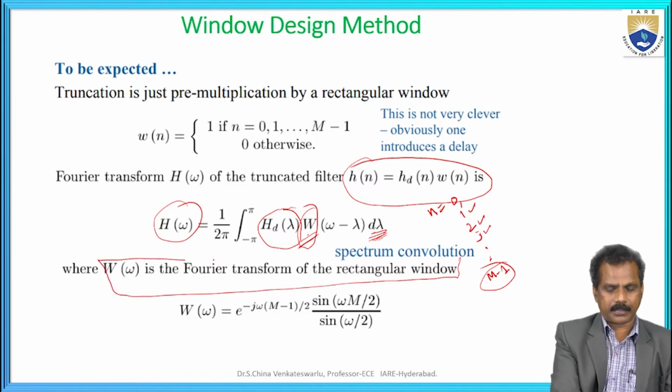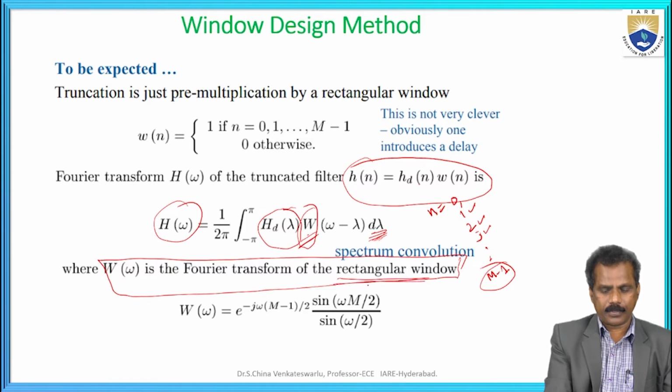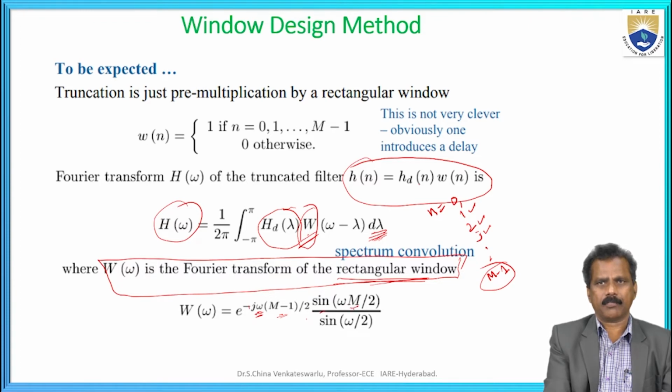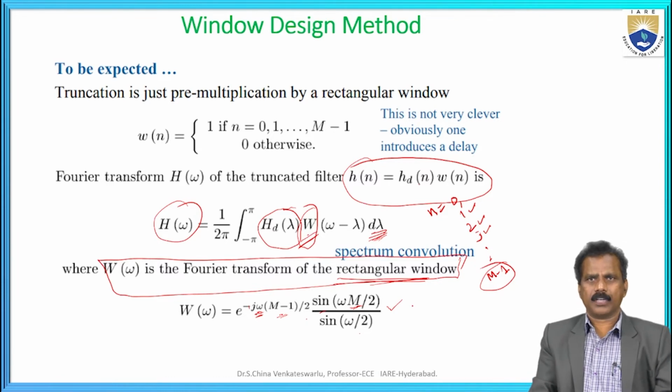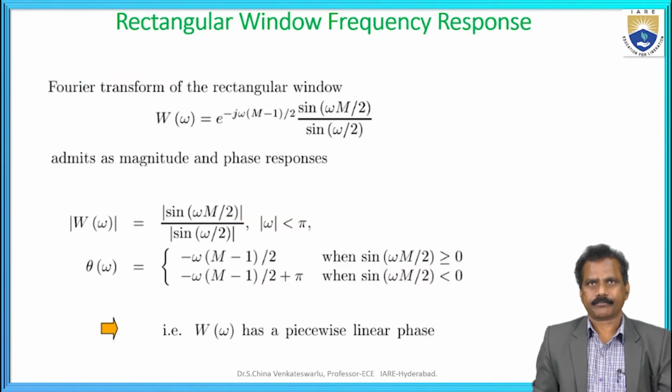It is a rectangular window. Now the window is defined as W of omega equal to e power minus j omega times (M minus 1) by 2, times sin of omega M by 2 over sin of omega by 2. Like this, the Fourier transform of the rectangular window is defined, followed by W of omega.